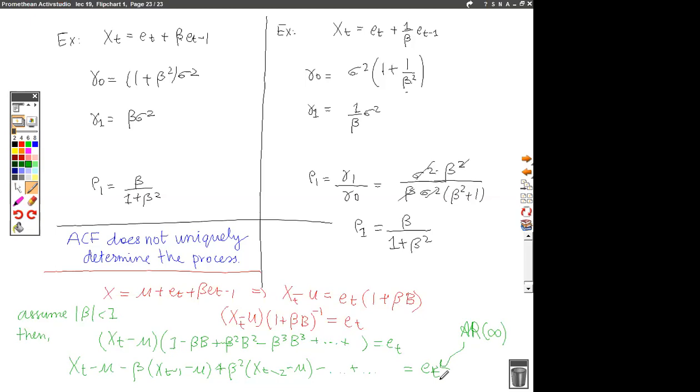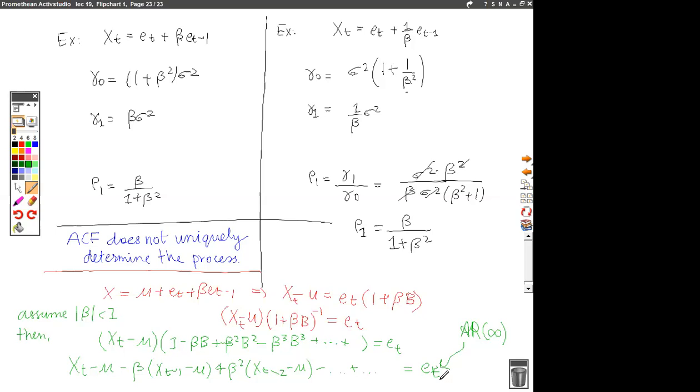So let us revise what we have known up until now. We know that an AR process is stationary if the characteristic roots of the AR process are always greater than 1 in absolute value. And for an MA process, I don't have to worry about its stationarity.